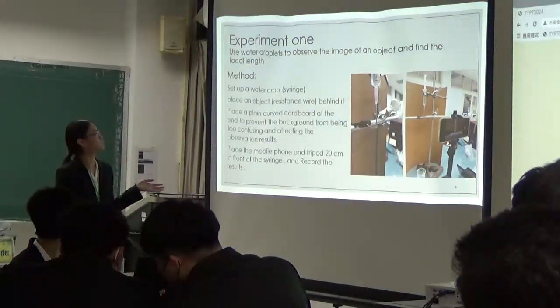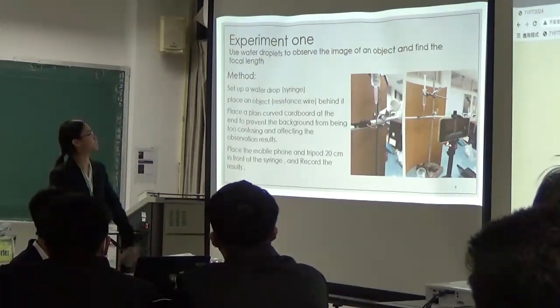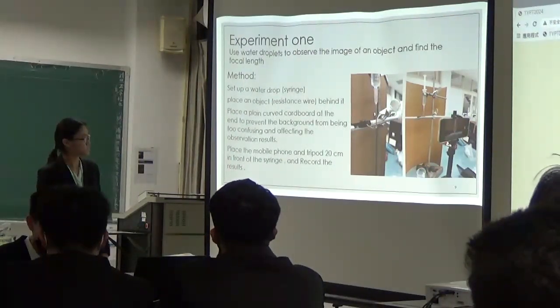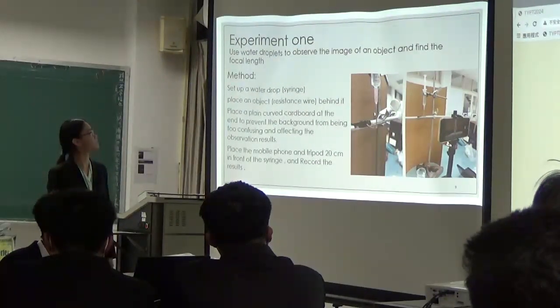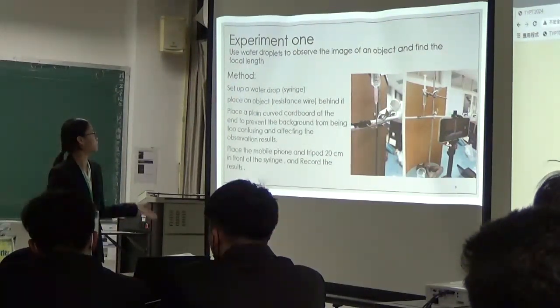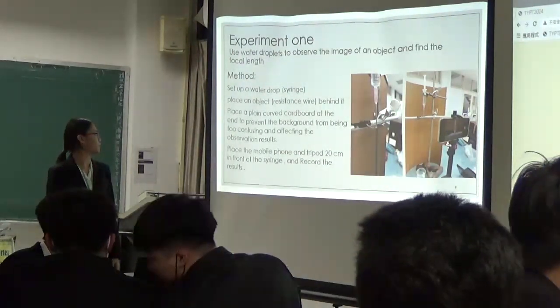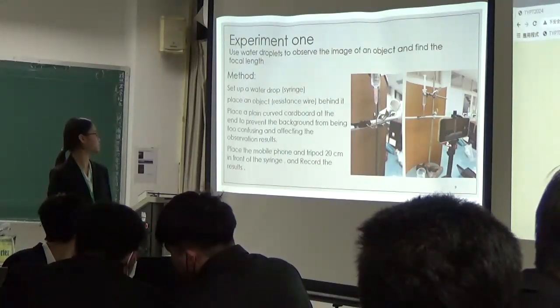And this is the experiment I designed. I use the water droplet to observe the imaging of the object and find the focal length. The method is, first, set up a water droplet and place an object behind it.